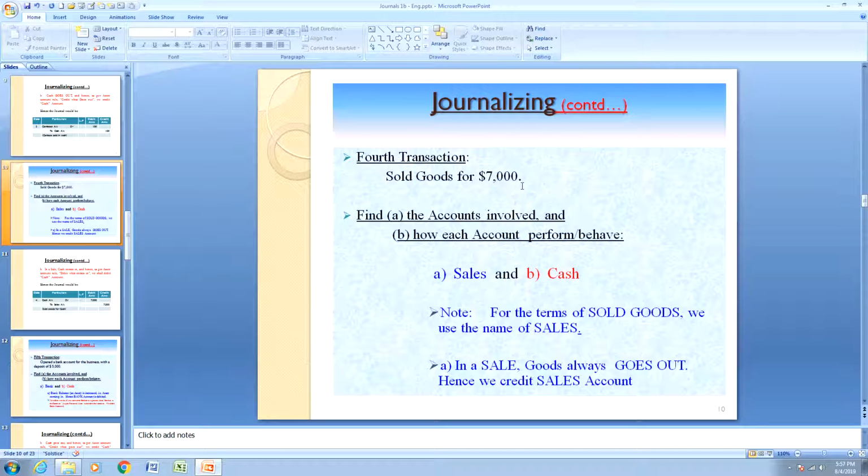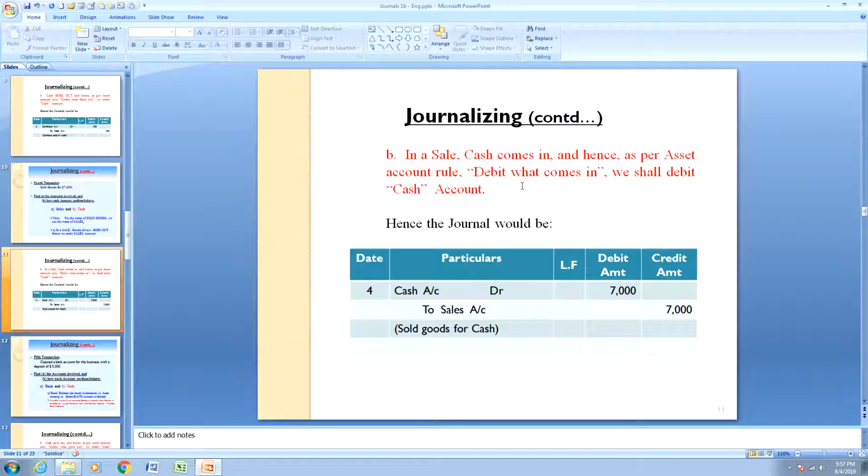In a sale, goods always go out. Hence, we credit sales account. In a sale, cash is coming in, and hence, as per asset account rule, debit what comes in, we shall debit cash account. And the journal would be cash account debtor $7,000 to sales account $7,000.